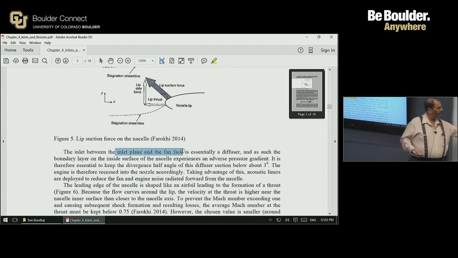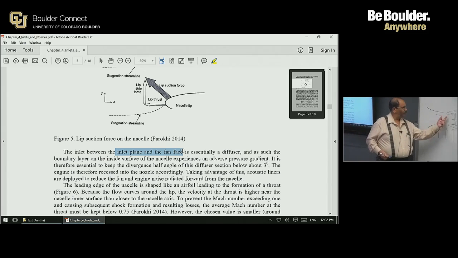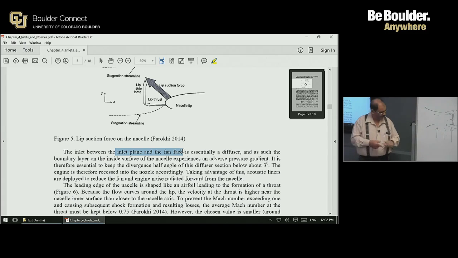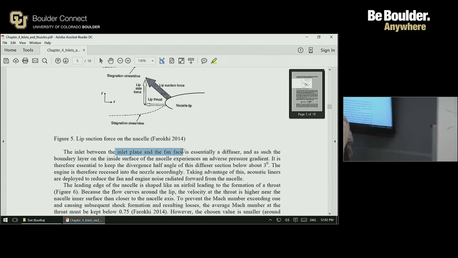Because this is a diffuser section, the area has to increase, and in order to keep the boundary layer from separation, you have to keep that angle below a certain value. The angle is usually about 3 degrees.